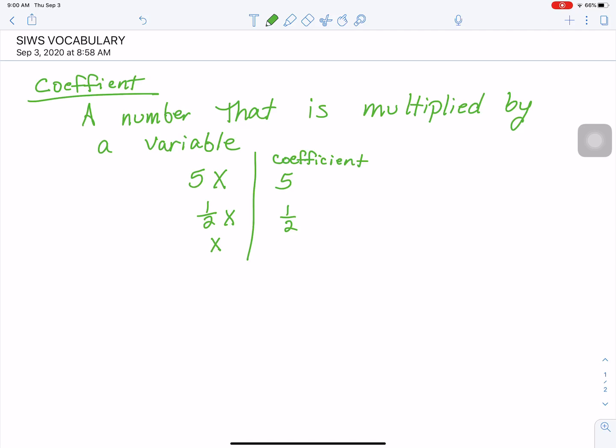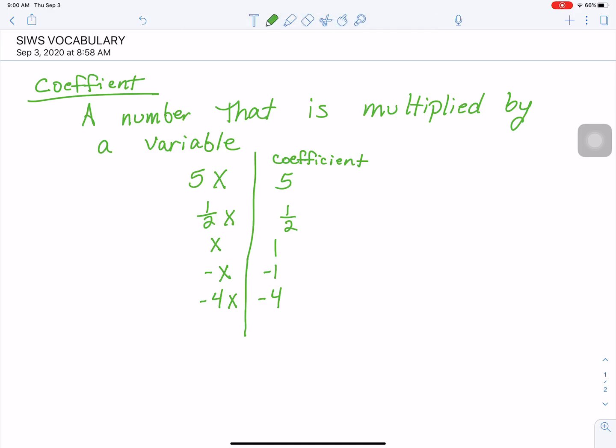It's invisible, and mathematicians are lazy, so we don't always write it in. It would be a 1. If I do a negative x, that'd be like a negative 1, a negative 4x, and I could use a variable other than x, but x is my favorite, negative 4. So it's just that numerical portion of whatever is in front of the variable.